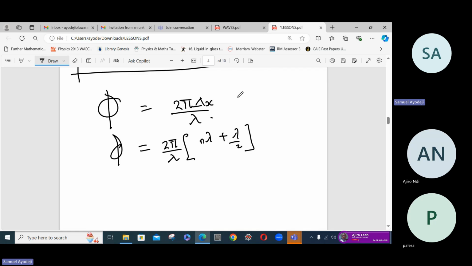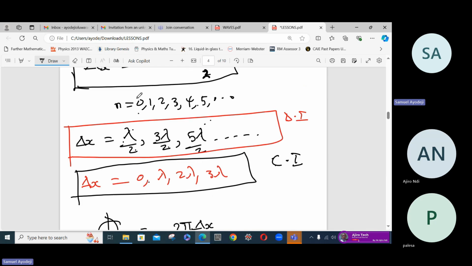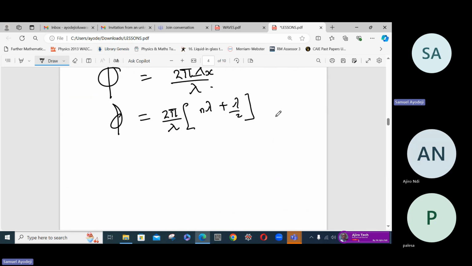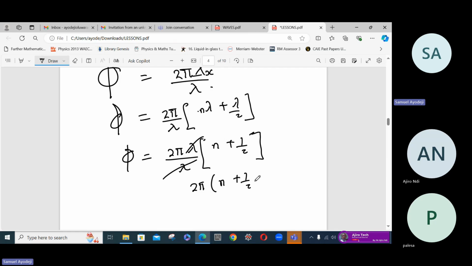Now what we have for constructive, remember, is what we have here. So putting this one here, what can I do? I can factor lambda out. That's lambda, and this is lambda already. Factor it out, what are we going to have? n here, and then 1 over 2. So I'm going to have 2 pi, then bracket n plus 1 over 2.